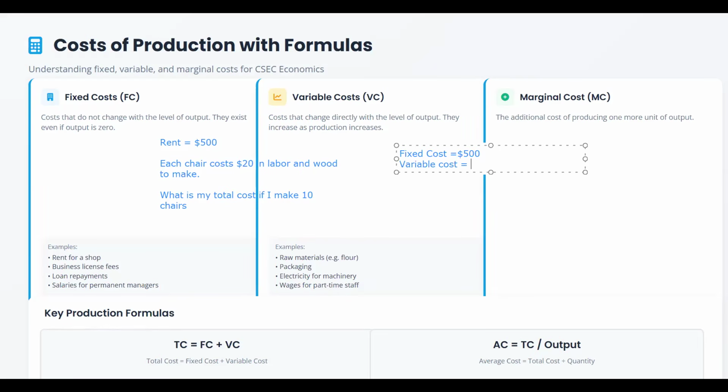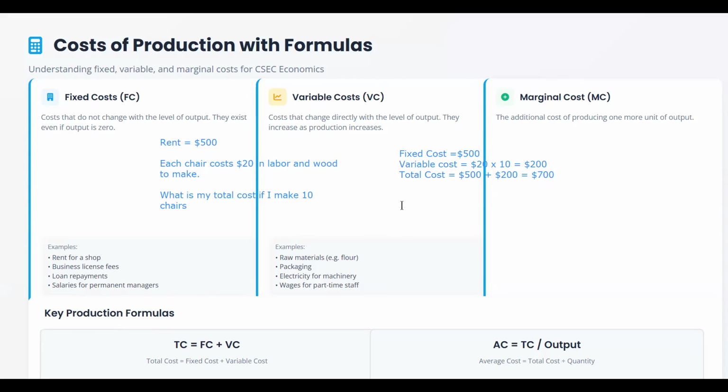So how much would it be? $200. 20 times 10, which is 200. So my total cost will equal $700, the fixed cost plus the variable cost, correct? Which is $700.